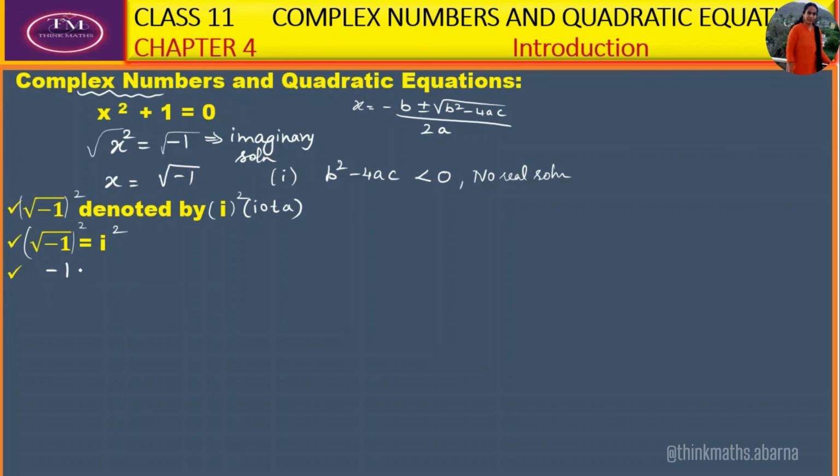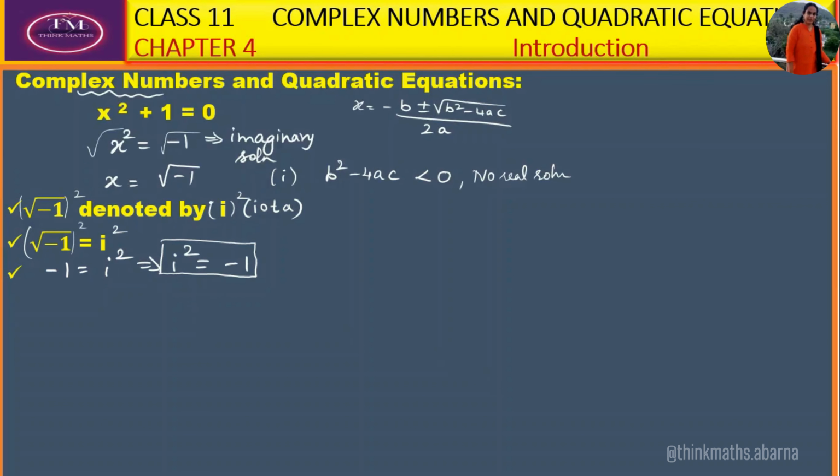So minus 1 equals i square. That is, i square takes the value minus 1. This is one important concept you have to remember: i square is minus 1. With this concept, we are going to learn all the concepts involved in complex numbers.